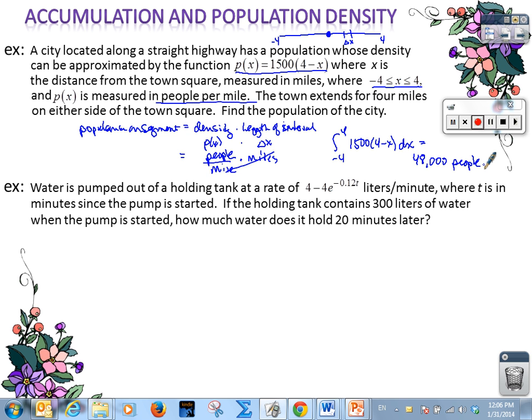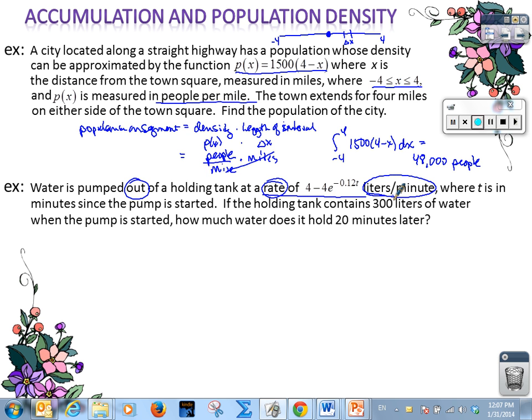Now the second problem is on accumulation. We have water that's being pumped out of a holding tank, and this is the rate. It's important to note it's the rate that it is being pumped out. Our units are liters per minute, and t is in minutes since the pump started.